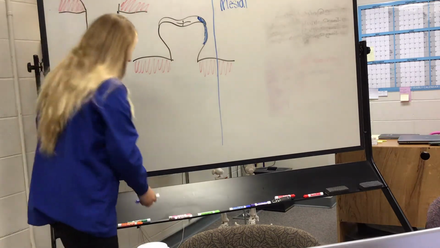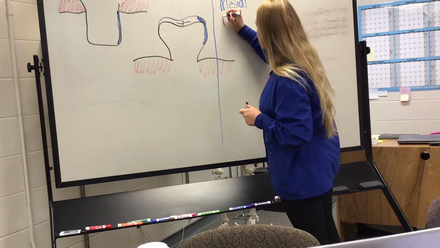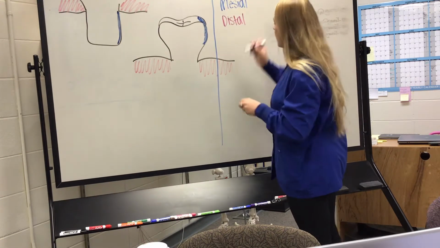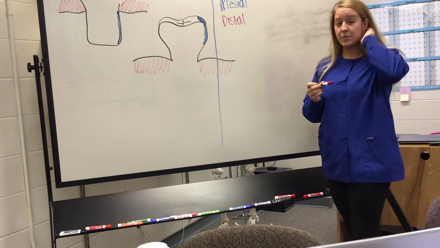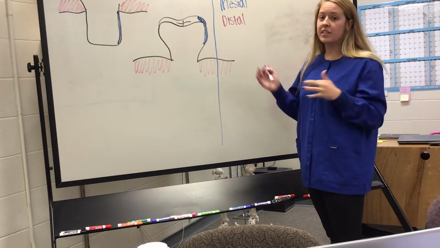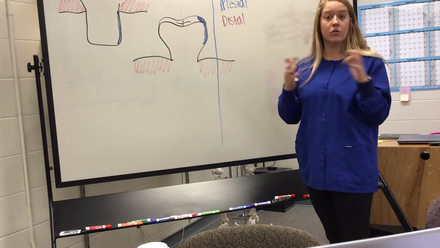All right, so our next surface that we will look at will be our distal. If you remember studying in anatomy about distal or proximal, distal has a similar concept, distal meaning distant or far away.